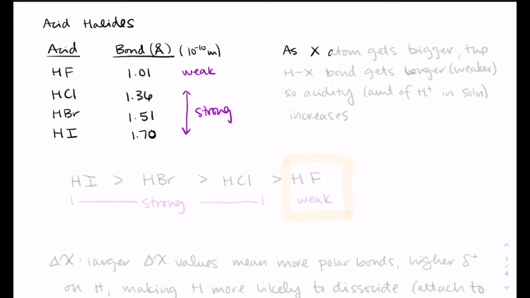Our strong versus weak definitions are just about percent dissociation or percent ionization. So what this means is that HI would be the strongest in this series. Then HBr, then HCl, then HF would be the weakest in this series.